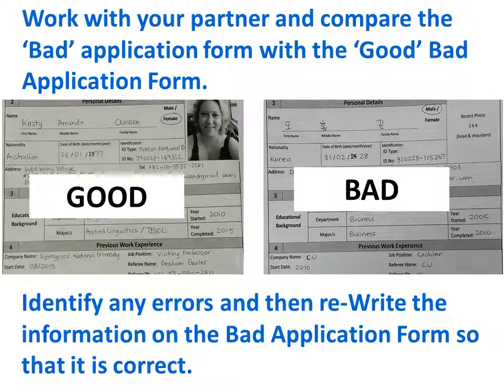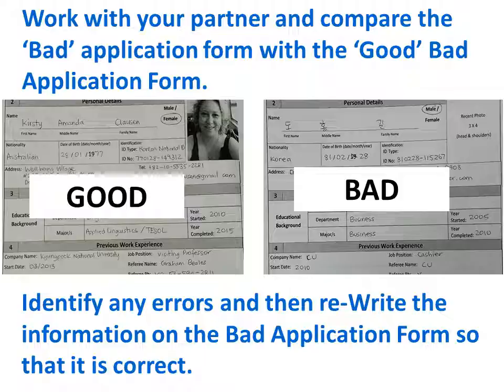Okay, so for this activity in class, we were working with a partner, but you're going to do this on your own at home. Basically, you want to compare the bad application form with the good application form. So you want to look at the bad one and identify any errors, and then go ahead and rewrite the information on the bad application form so that it's correct.